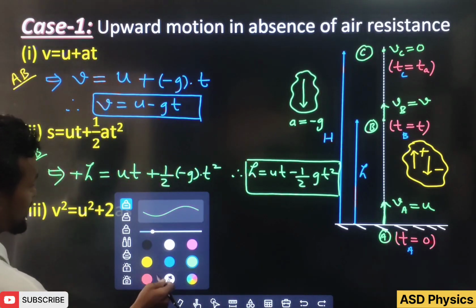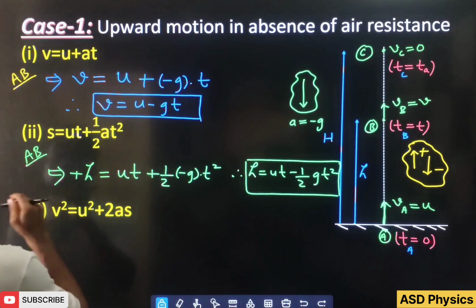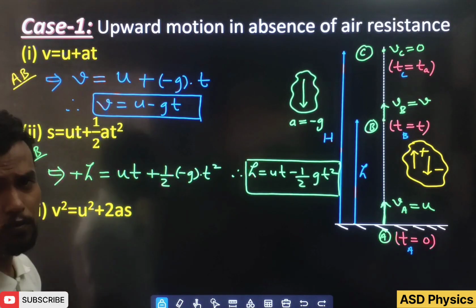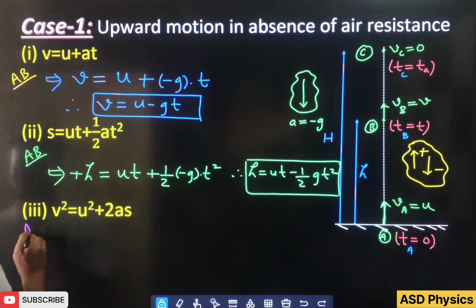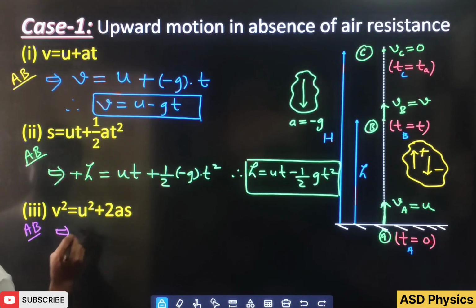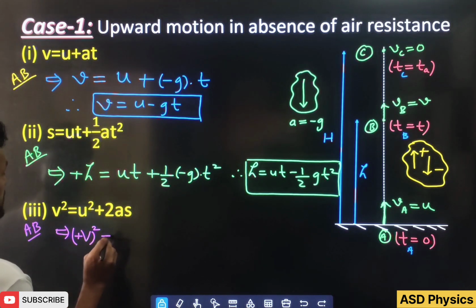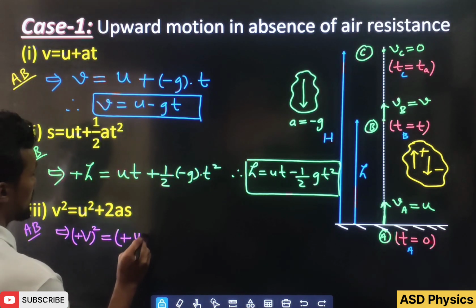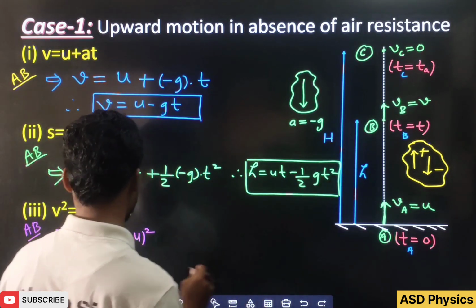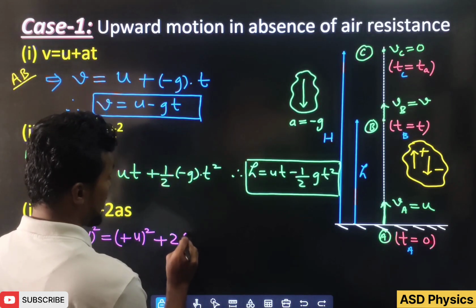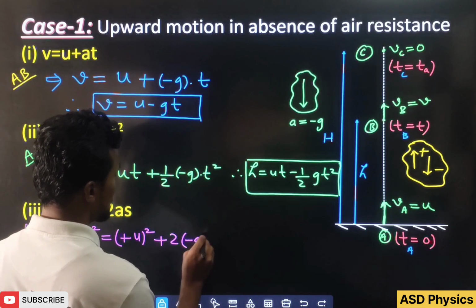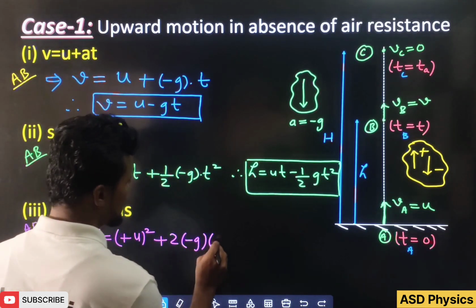Now after that, the next one, the third equation, v square equal to u square plus 2as. Here also I am going to use from A to B. Now velocity v is positive, so plus v square, plus u square. Velocities are all positive, plus 2 times acceleration a, which is minus g, and s is plus h.